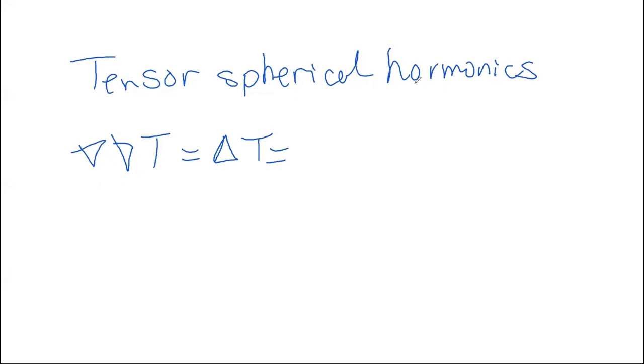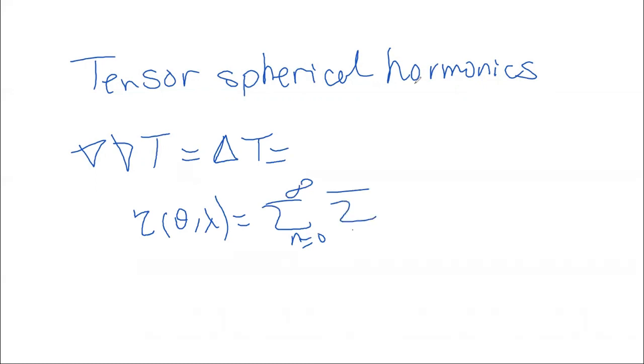If I have the spherical harmonics of the gravitational potential, then any function with r, theta, and lambda over the sphere can be expressed in this form. N from 0 to infinity, and i from 1 to 6.